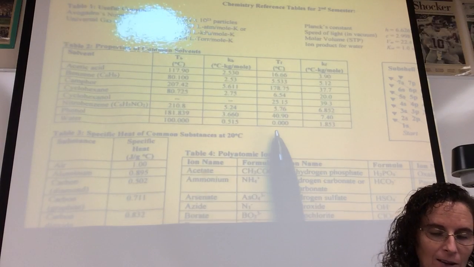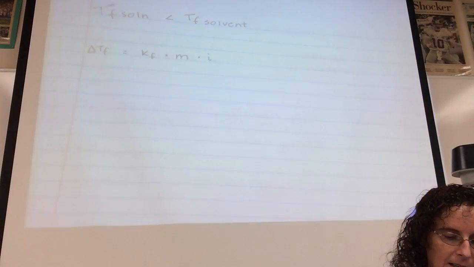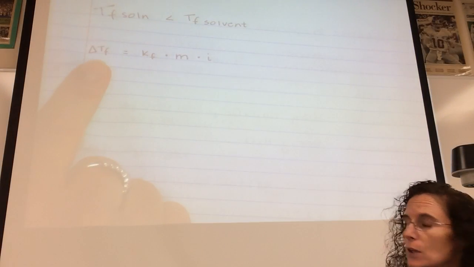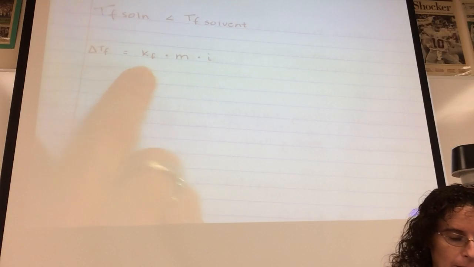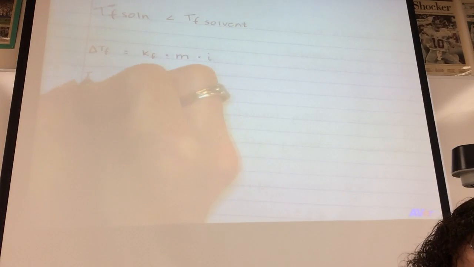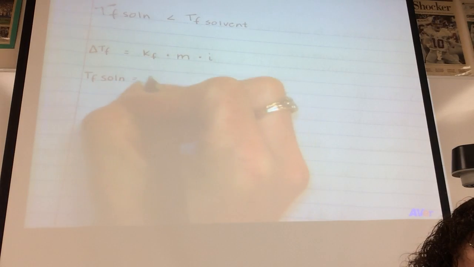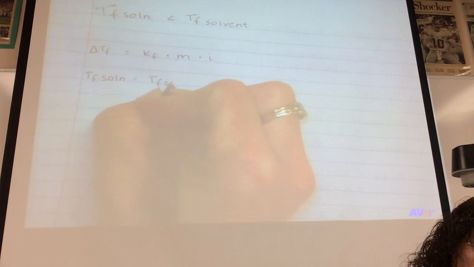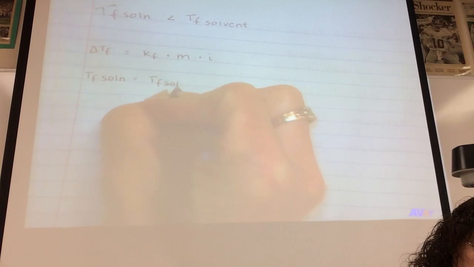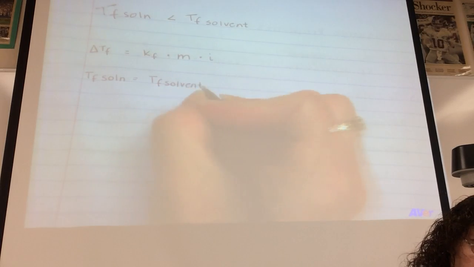Okay? To calculate it, you'll first calculate delta Tf as shown here, and again, the only change is right there with Kf. And then to calculate the freezing point of the solution, you will do so by using the freezing point of the solvent, and here's the major change.